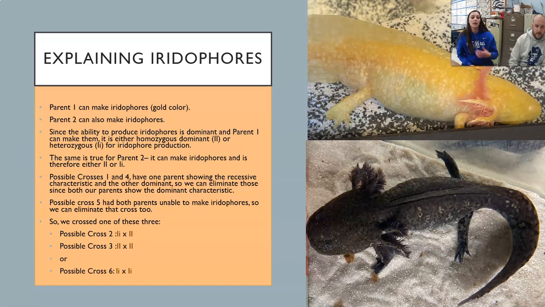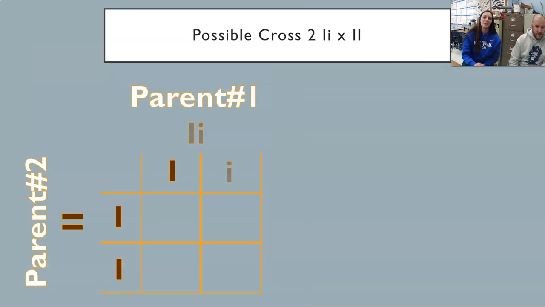So what can we look at, right? We either had possible cross 2, possible cross 3, or possible cross 6 because all 3 of those crosses show both parents able to make iridophores. So let's eliminate those the same way we did just a second ago using some Punnett squares. So if we look at possible cross 2 first, one parent is going to be heterozygous at the top there, and then parent number 2 is going to be homozygous dominant, right?